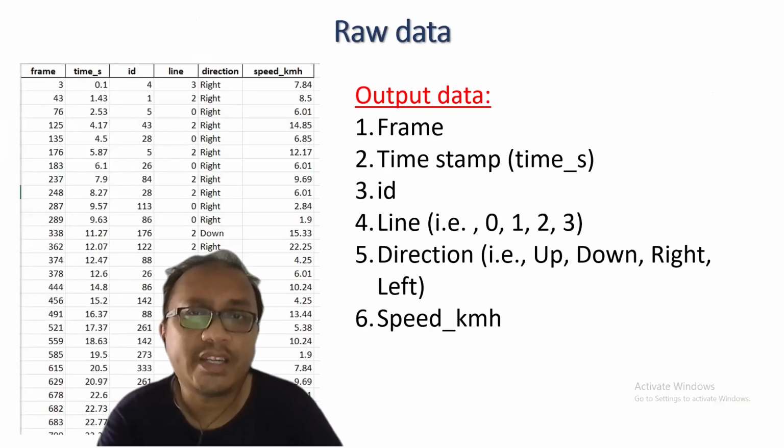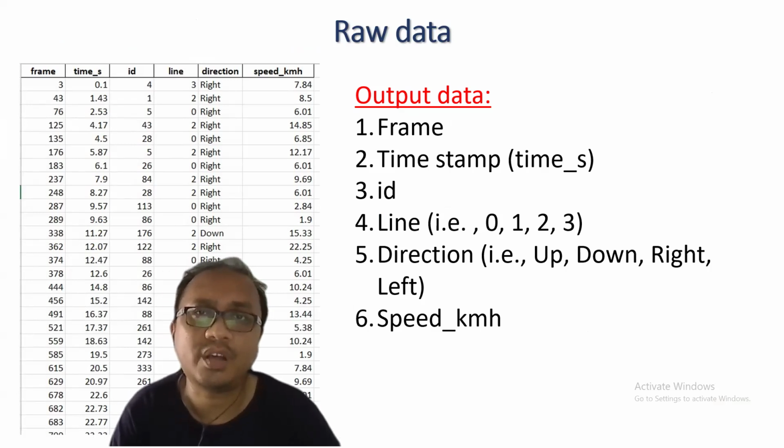So this is the raw data extracted from running the YOLO code, and I recorded this raw data into Excel. There are six columns. You can see the frame, timestamp, vehicle ID, line, that is 0, 1, 2, 3.